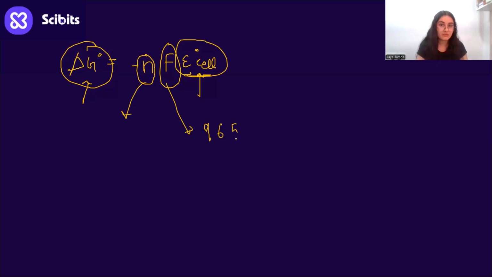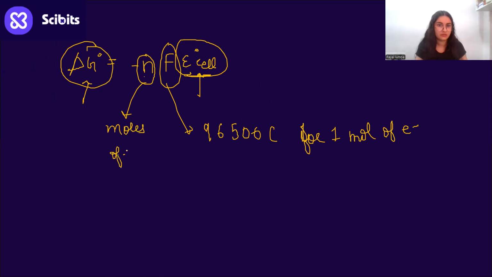Its value is 96500. So 96500 coulombs is for 1 mole of electrons, and n is the moles of electrons.